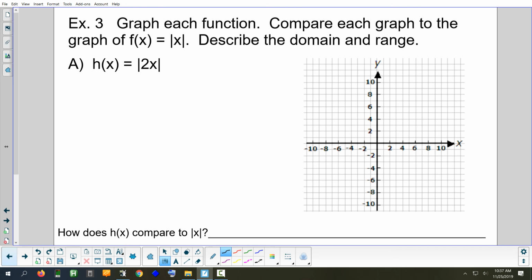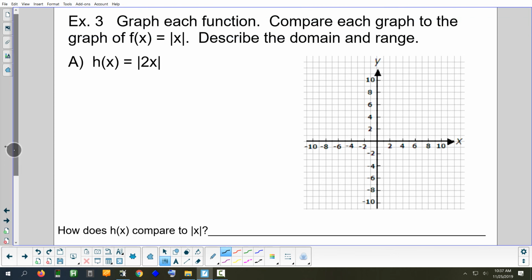You know what, if I have time, I'll do the graph last. Let's write the compare, because that's the hardest part. I think you guys are getting the hang of the graph. That part's easier. All right. There's a 2 in front of the x. Let's go back at our chart and look at what happens when there's a 2 right in front of the x. Is that 2 inside or outside the bars? Inside.